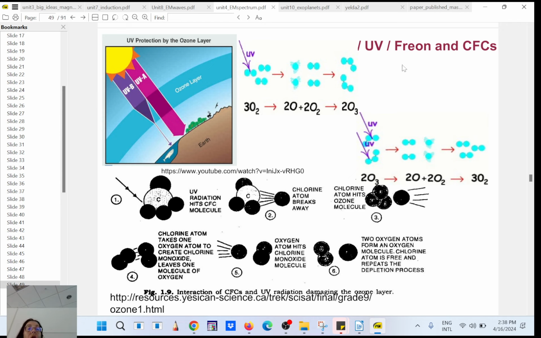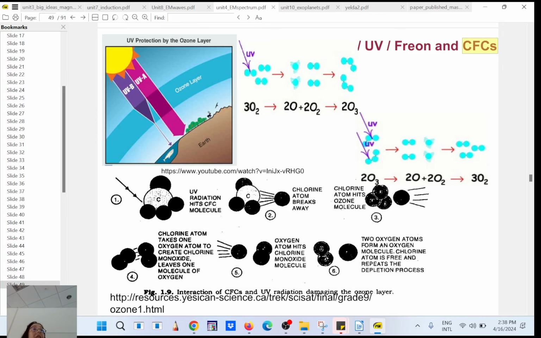Okay, so what happened there? I'm sure you all know that in the 1990s they stopped using a group of chemicals called CFC, chlorofluorocarbons. There are different kinds, and they were used for fridges.